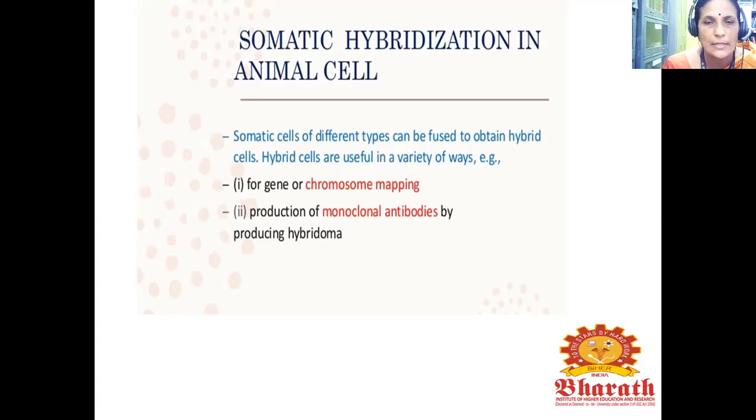These hybrid cells are useful in a variety of ways. For example, they are used in gene or chromosome mapping, and also for the production of monoclonal antibodies by producing hybridoma.